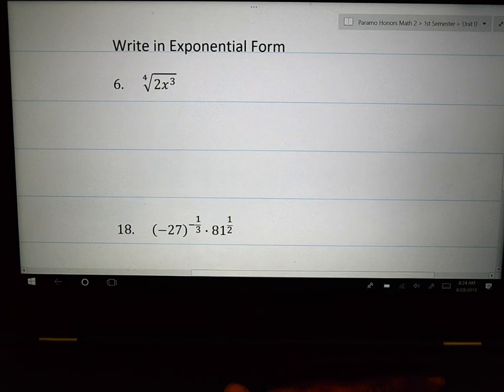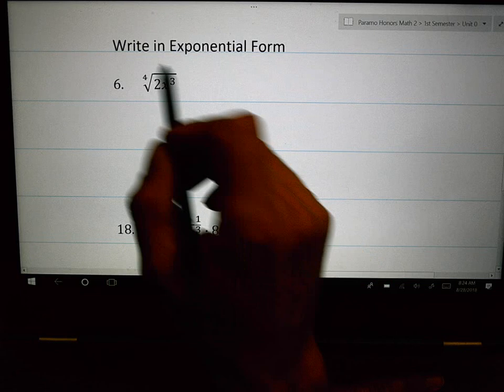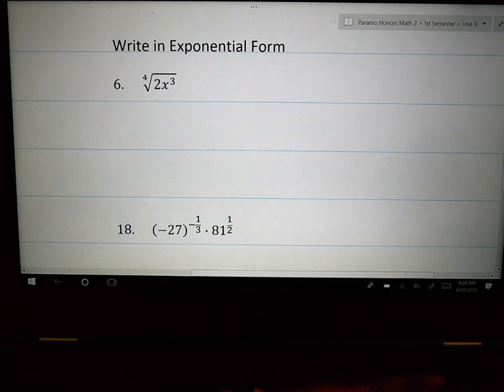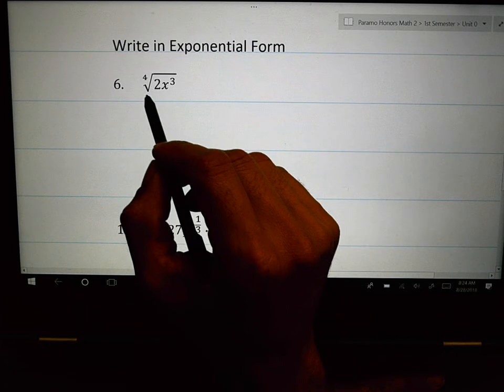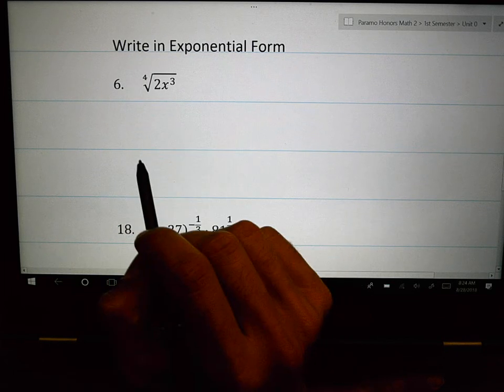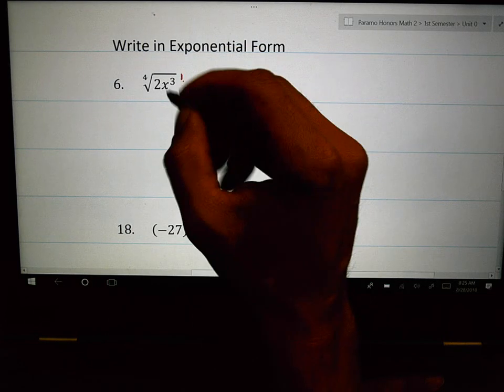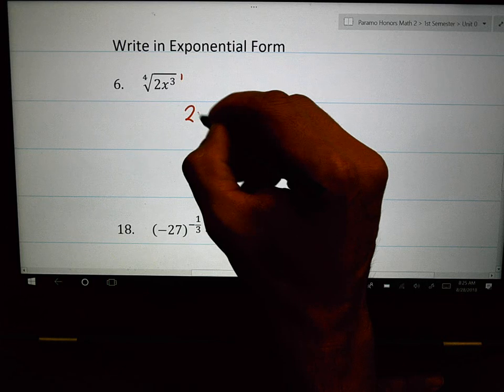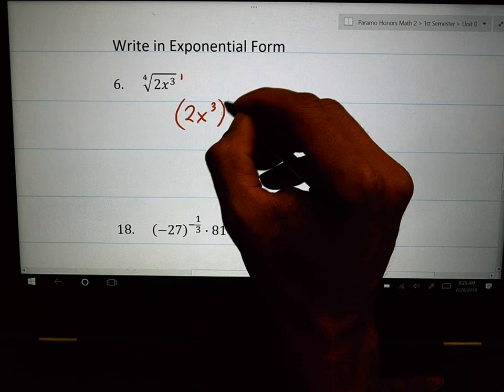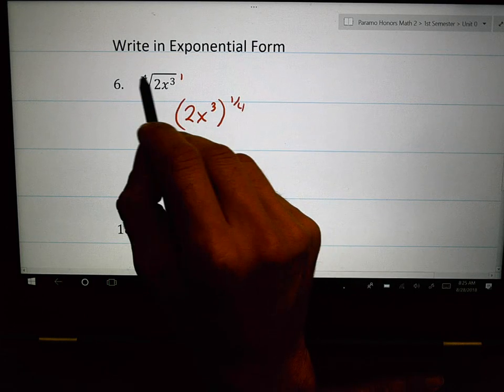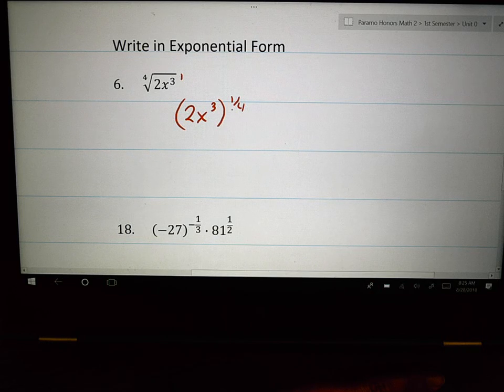Second example, the 4th root of 2x to the 3rd, and it says write in exponential form. So this whole group is inside the radical, so this whole group is going to be to the 1/4 power. So if I'm thinking about 2x to the 3rd to the 1/4 power, the whole group is to the 1/4 power.